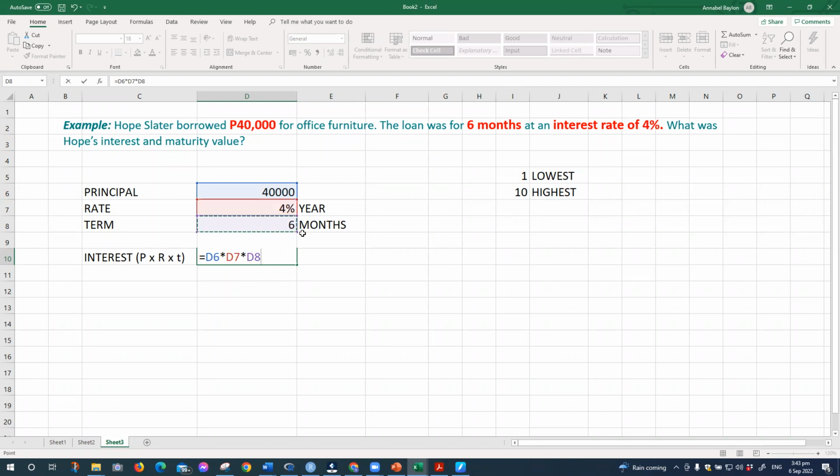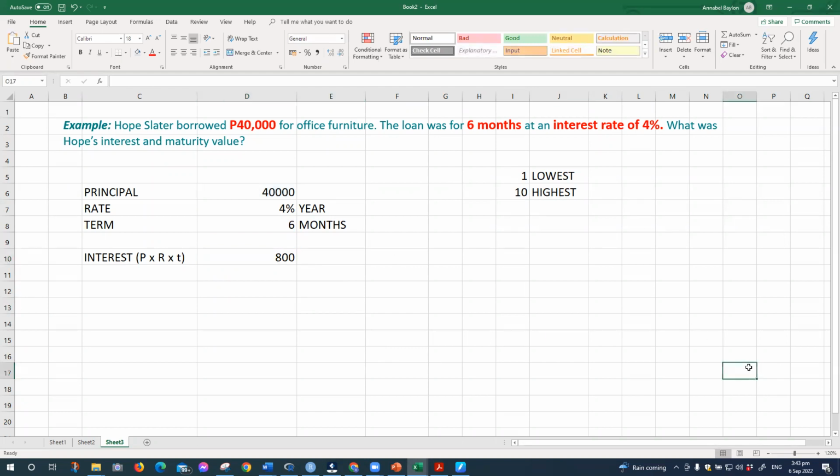So we have to convert the months into year. How do we convert months into year? We divide by 12. Enter. So this is the correct annual interest.